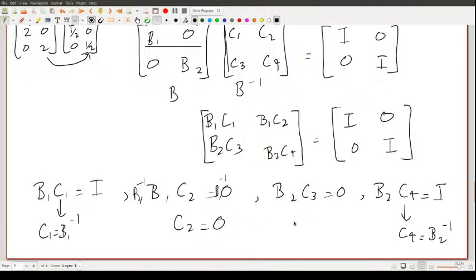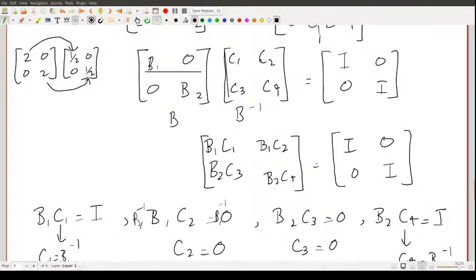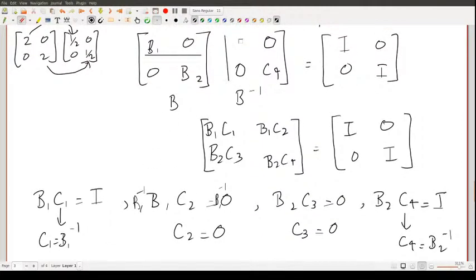And so the third equation also tells me that C3 is 0, right? So when I was trying to find the inverse, I was saying that this is going to be a diagonal block matrix. I was actually right, so this is just 0 and 0. So B inverse looks like this, and C1 is B1 inverse, and C4 is B2 inverse. And that's all you need to do.